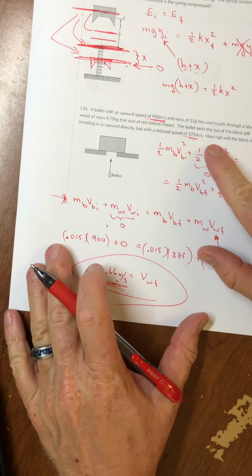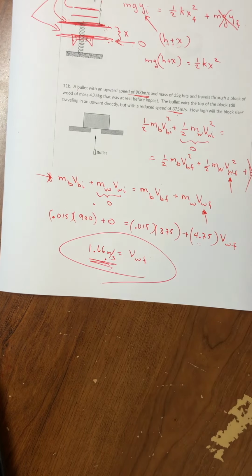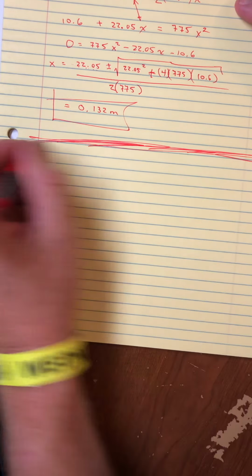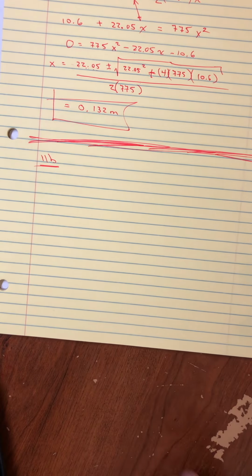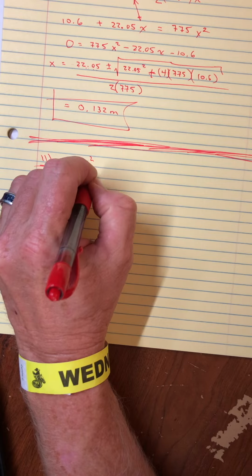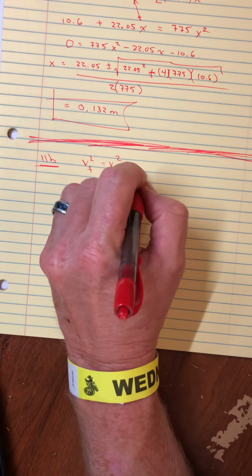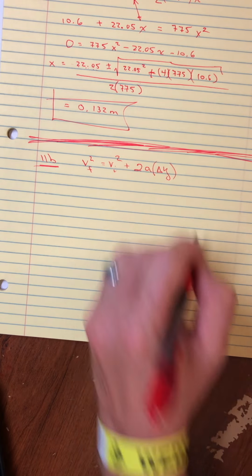At which point, when it says how high it can go, let me get some more space for my work here. My yellow pad, and put a line under here. So now this is the 11B. We can figure out how high it goes by either going back to our kinematics, so V squared final is equal to V initial squared plus 2A times however far it moves.